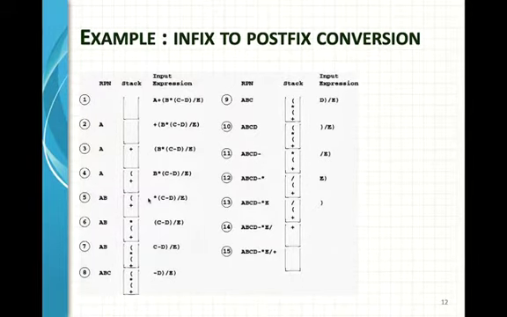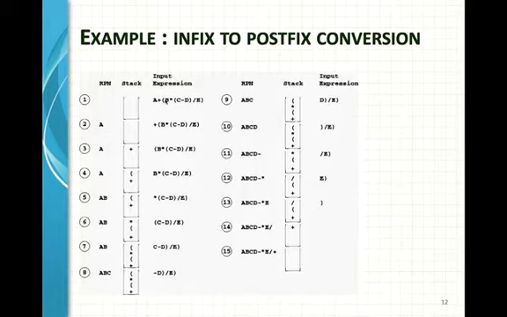Now what happens in between steps? If the next token is an operand, then there is nothing to do, just print it. RPN denotes a printing operation, so print A. Now there is a plus.